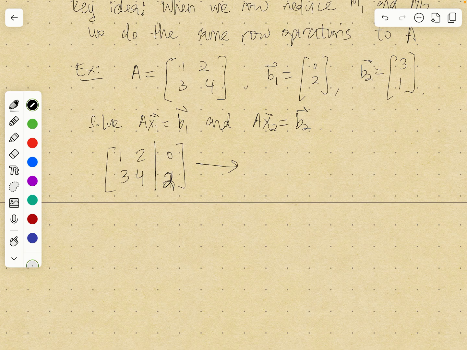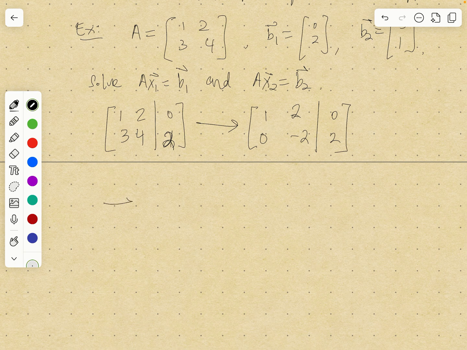So what we would do here is take row 2 and subtract 3 times row 1. So then, okay, I'll just write down what you get. You get this. And then the next step is to divide row 2 by negative 2. And so you get this.